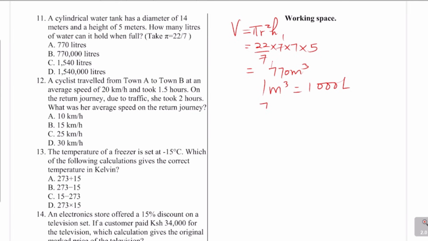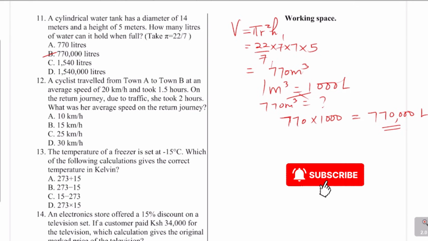So what about 770 meters cubed? You simply cross multiply, 770 times 1,000, and this will give 770,000 liters. That is B.